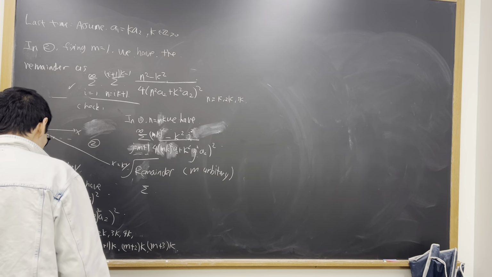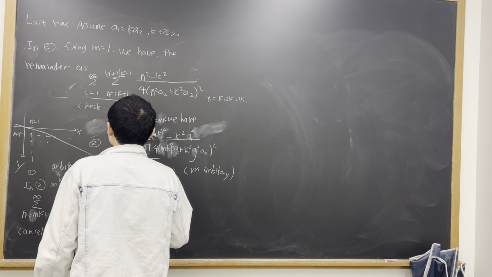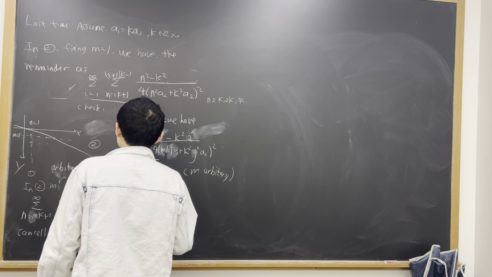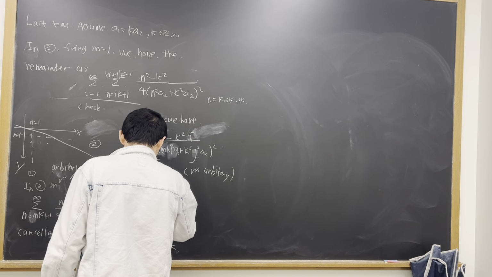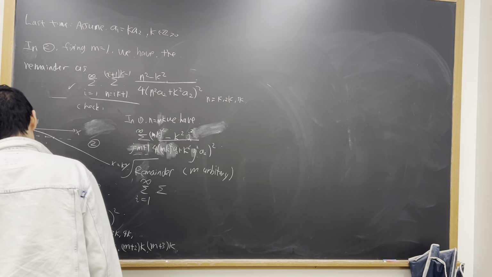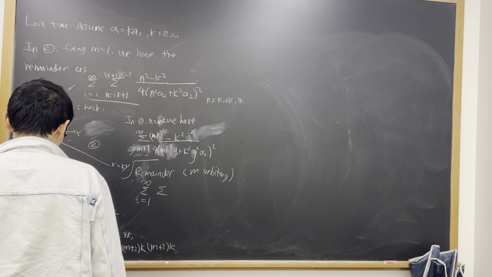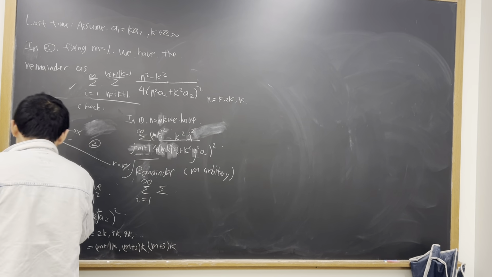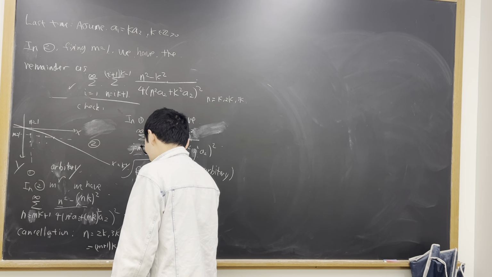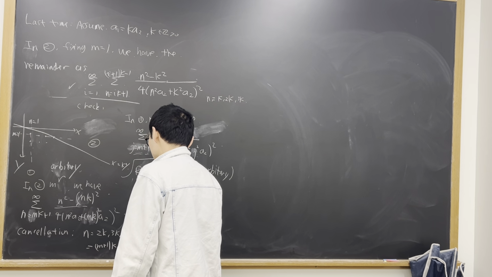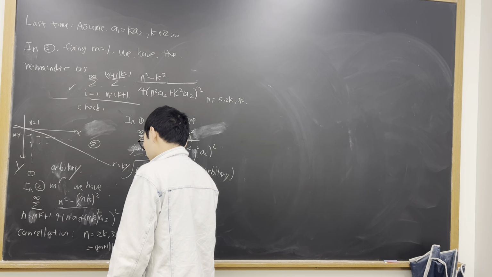I need an I here, right? Oh, I think the I is the thing that I made a mistake on. So here, let's use an I here. I think I made a mistake here last time. So this I starts from where? Well, I starts at 1. So where do you want to start?